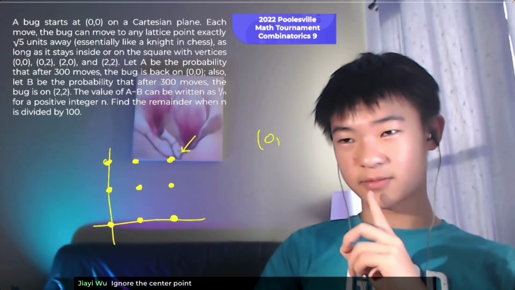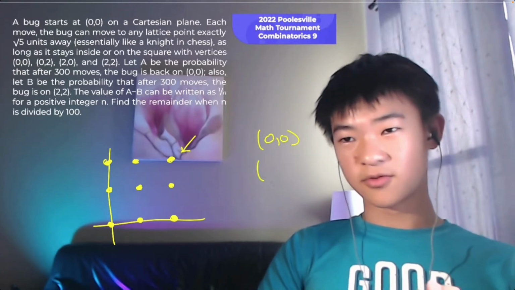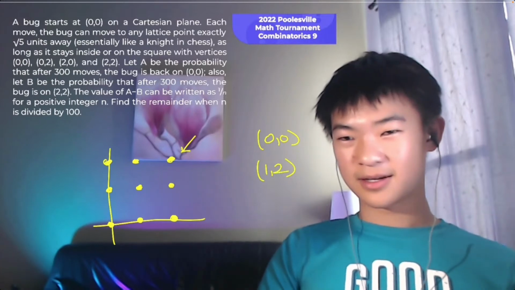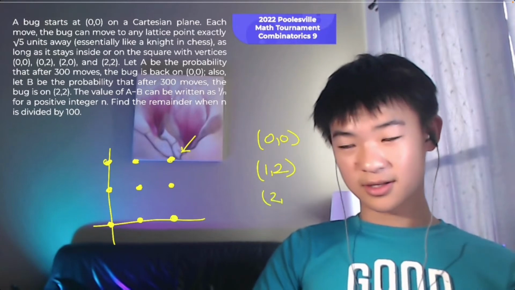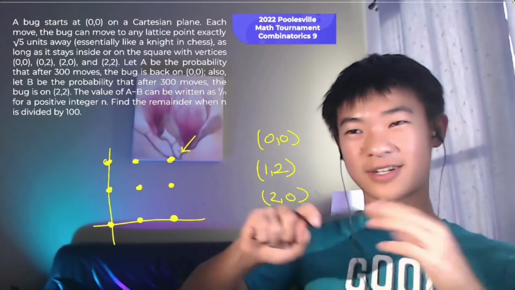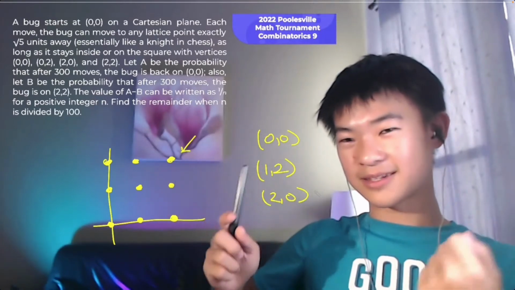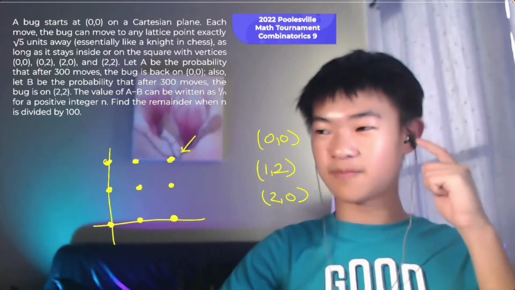So for example, you start from 0, 0. The sum of the coordinates is 0, which is even. Next move, you might go to 1, 2. The sum of the coordinates is odd now. And then if you jump all the way to 2, 0, the sum of the coordinates is even now. So this even odd sum of coordinates cycles throughout. And then by move 300, we know that the sum of the coordinates is even, so 0, 0 and 2, 2 should be possible.